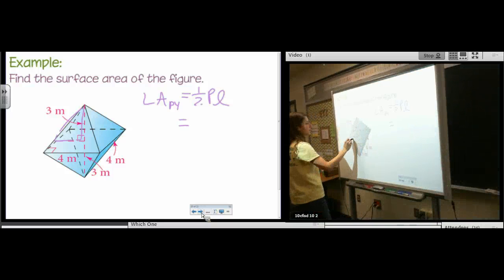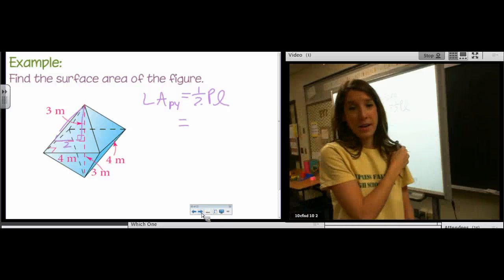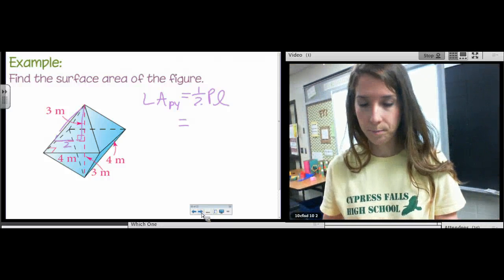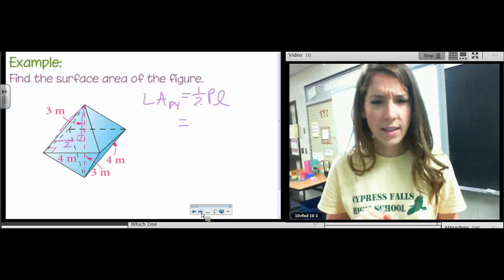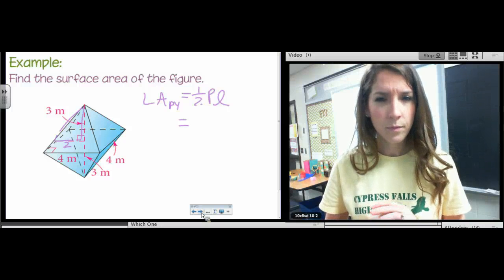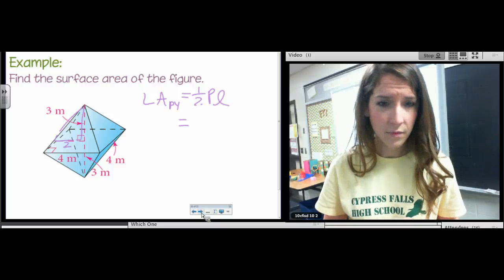All right, so we've got 2 and we've got 3 and we need to find the slant height. Very good. So now we're going to be dealing with a radical. Yep. 2 squared plus 3 squared, guys.